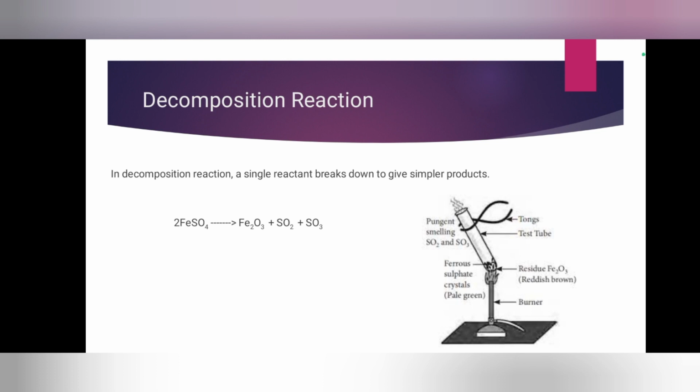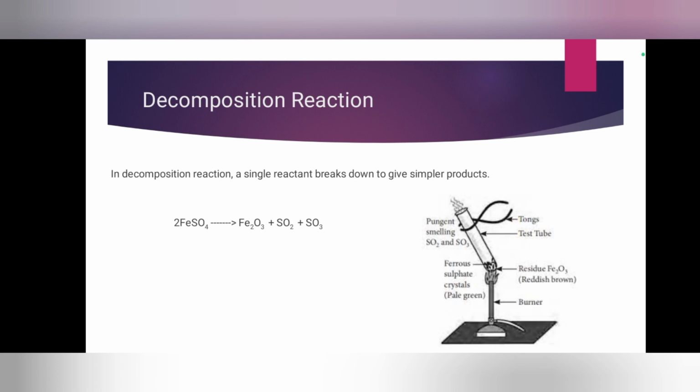But in decomposition reaction, a single reactant decomposes to form two or more simpler products. And here the process happens by absorbing heat energy. See children, in combination reaction, it releases heat energy, and in this case, it absorbs the heat energy.